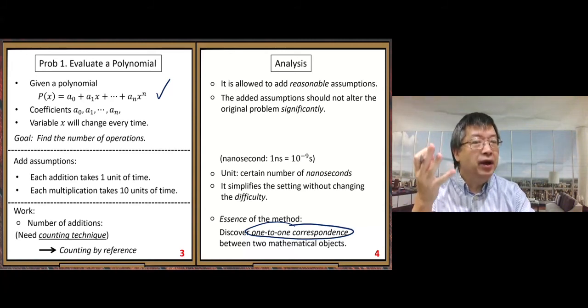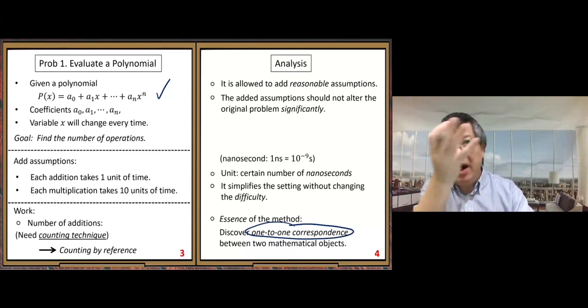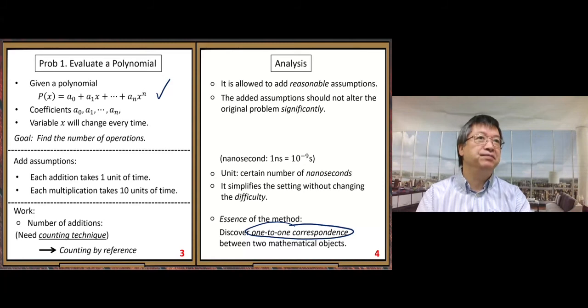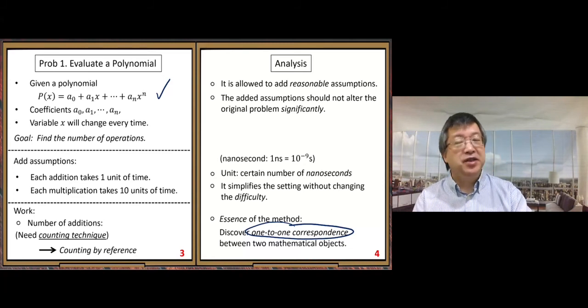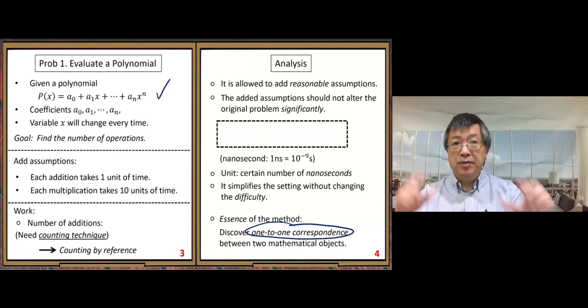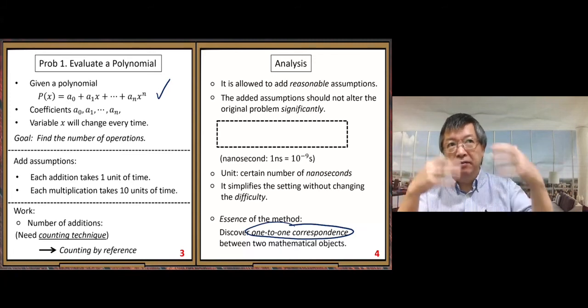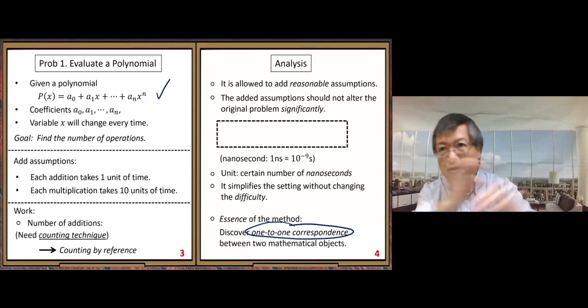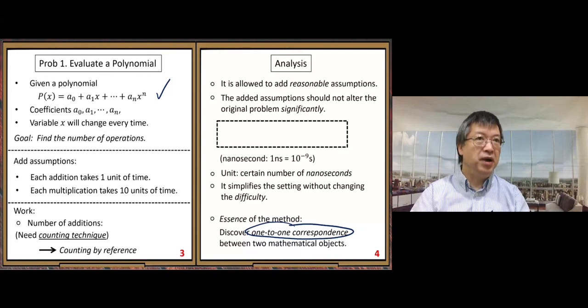When we have that, we can do the counting by reference easily. Let me further explain this idea, because even if you just look at the sentence, you may not get it. Let me use this box as a diagram to explain the idea.